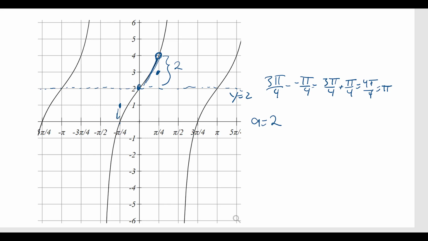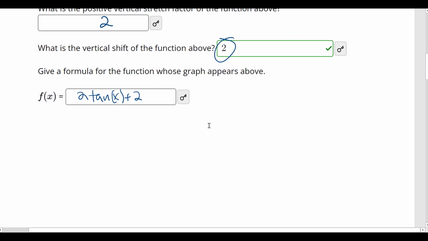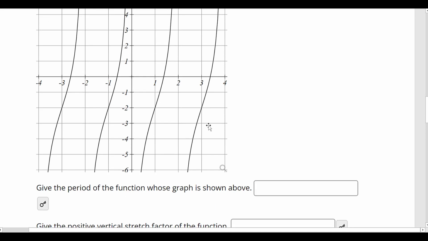So it's stretched by a factor of 2. Now we put this all together to come up with our equation of the graph: f of x equals 2 tangent of x plus 2. And that's it. So let's go to the next one, which is number 4, and try to identify this.